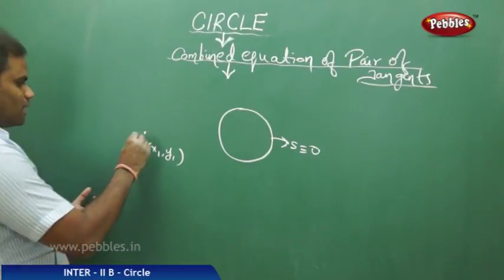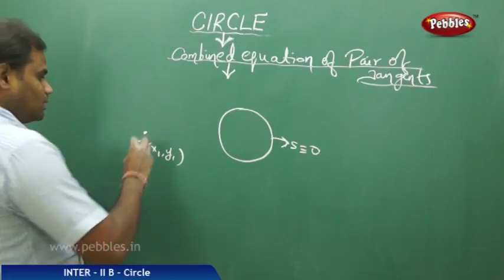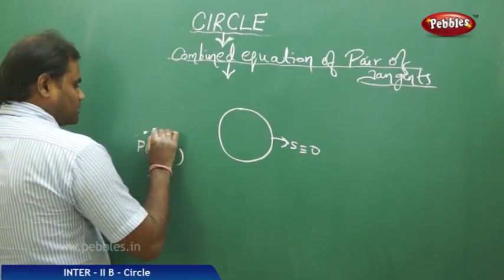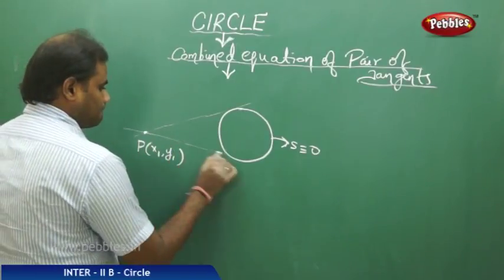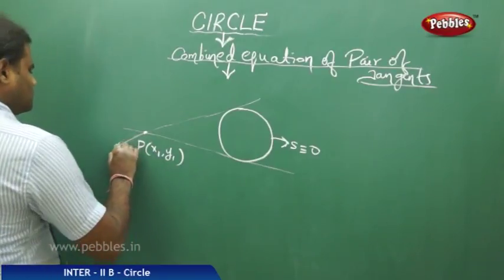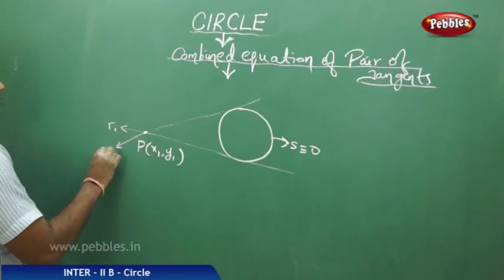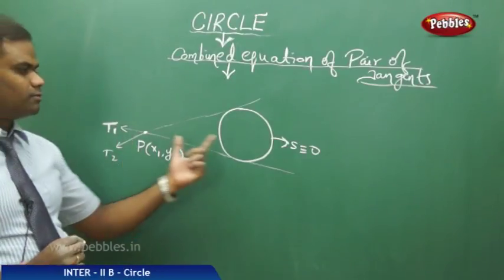So for P, an external point of the circle, we know that there are two tangents which can be drawn to the circle, T1 and T2, from the external point.